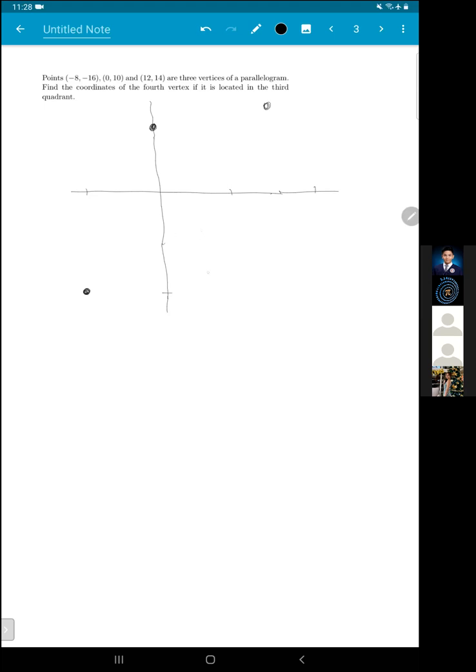Where should that point be? Now, there are several possible locations of the fourth vertex, but it says in the problem it's located in the third quadrant.